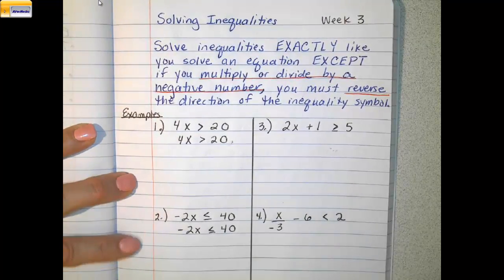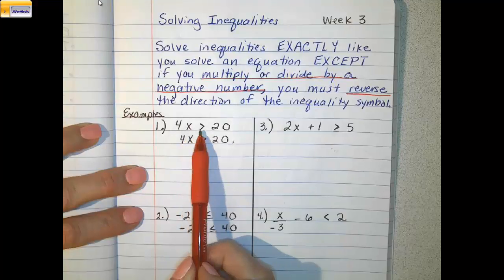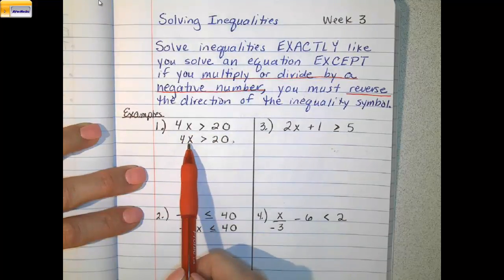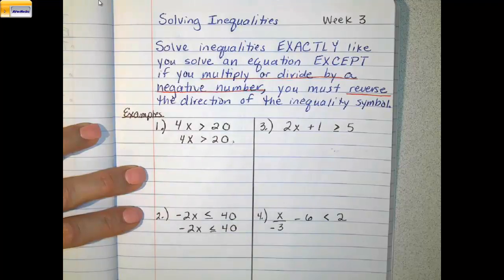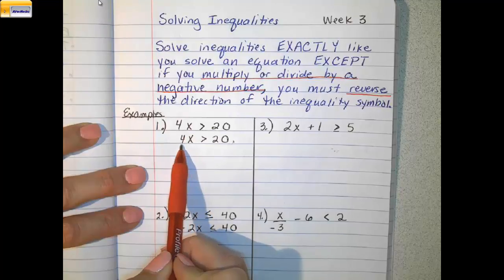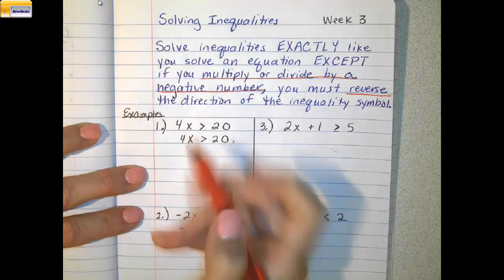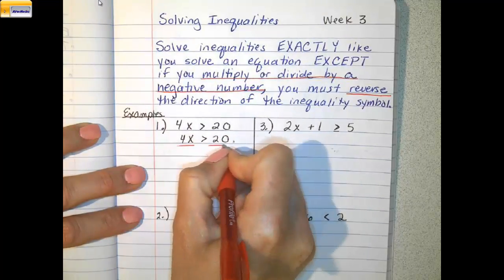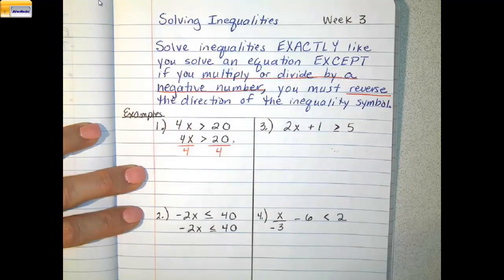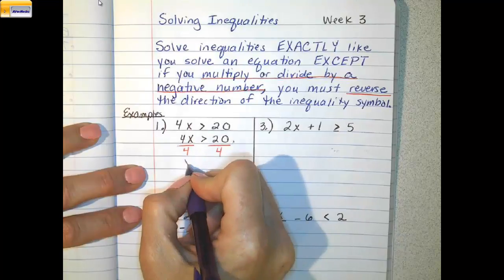In our first example, we have 4x is greater than 20. Since I have 4 times x, I'm going to solve this just like an equation. If I wanted to get the x all by itself, the inverse of 4 times is divide, because the inverse of multiply is divide. So I would divide both sides by 4, and I would have x on this side.